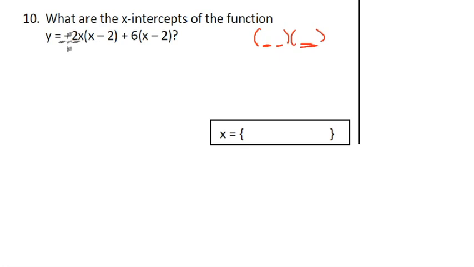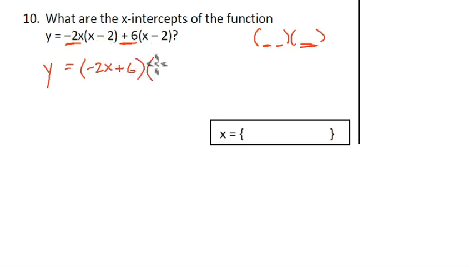We have to convert this to intercept form, and the way we do that is we'll take these two coefficients right here, and we're allowed to combine them into their own binomial. Let me write that and show you this.